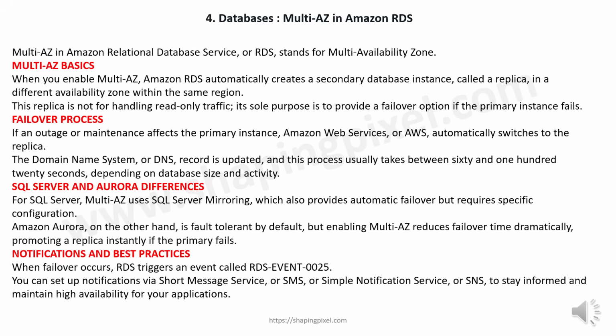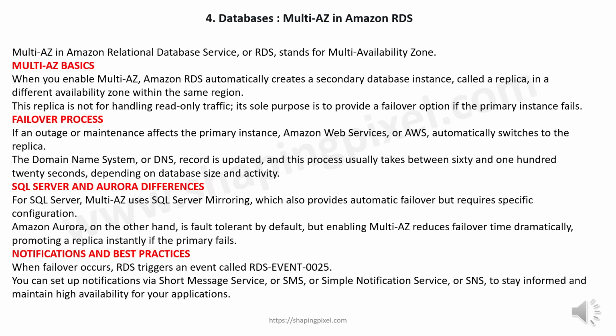If an outage or maintenance affects the primary instance, Amazon Web Services, or AWS, automatically switches to the replica. The domain name system, or DNS, record is updated, and this process usually takes between 60 and 120 seconds, depending on database size and activity.